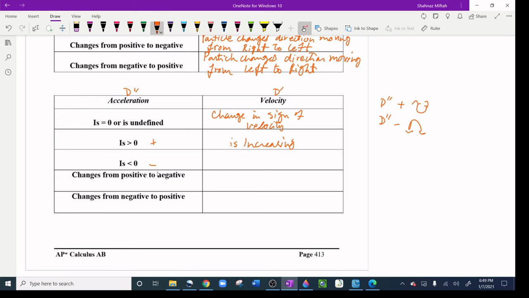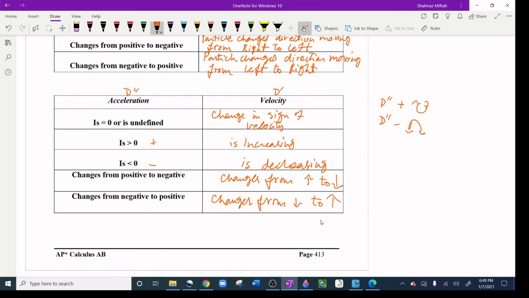If double prime is less than 0, which is negative, then velocity is decreasing. Changes from positive to negative, we're going to say it changes from increase to decrease. This one changes from decrease to increase.